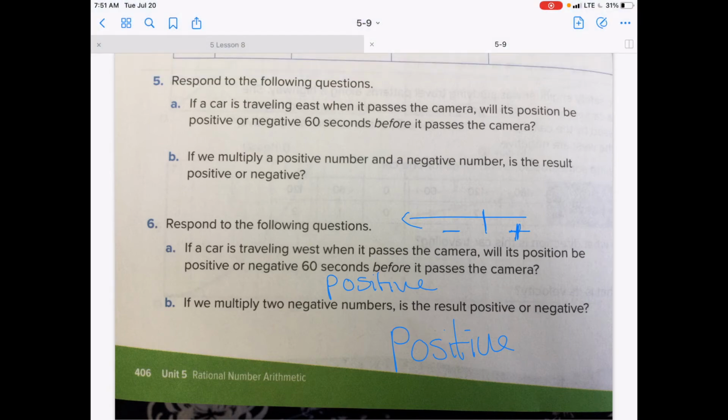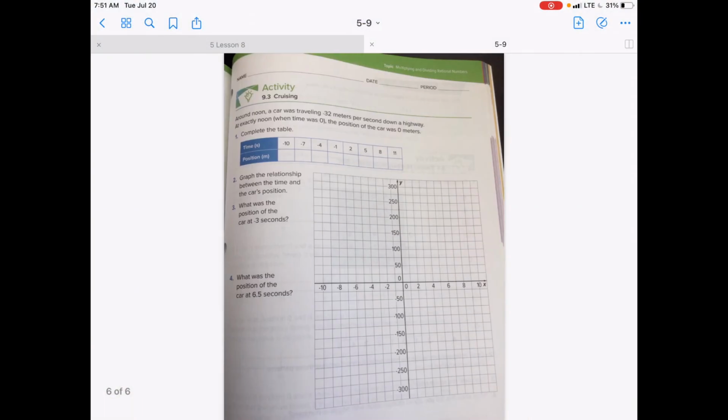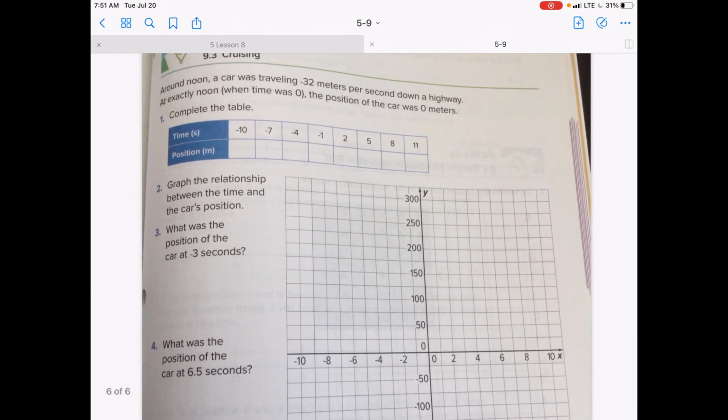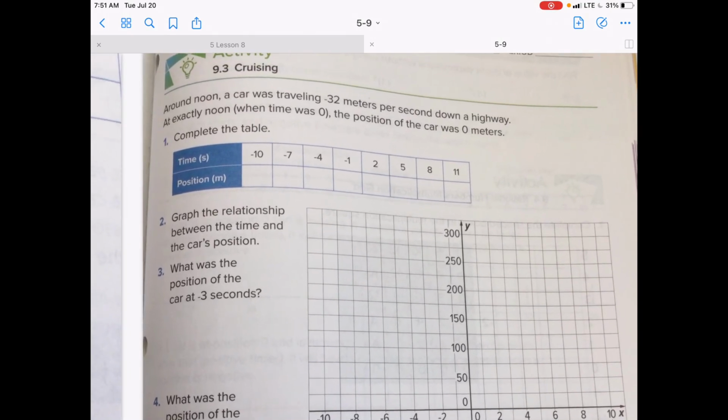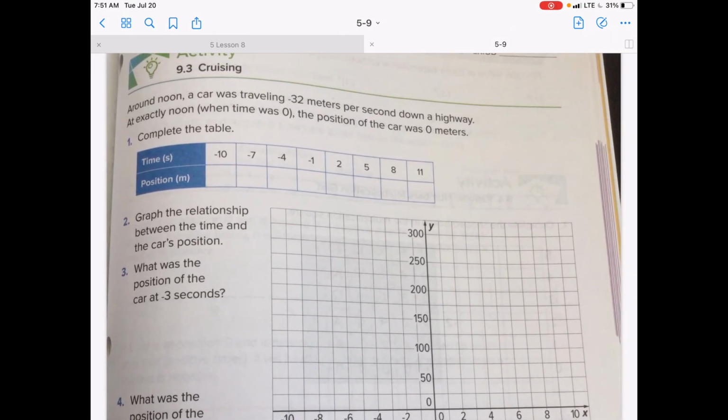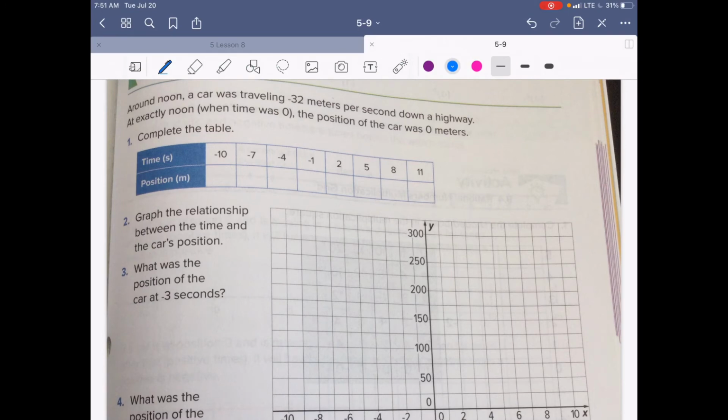All right, turn the page. Around noon, a car was traveling negative 32 meters per second down a highway. At exactly noon, when time was 0, the position of the car was 0 meters. Complete the table.